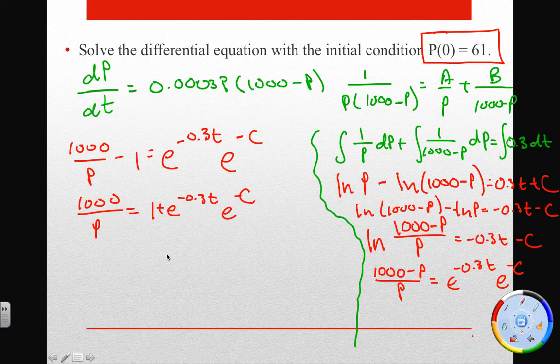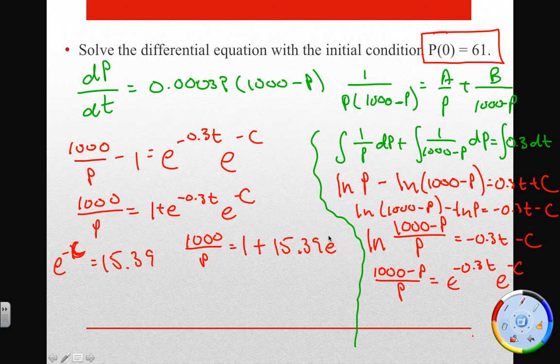And if you did all of this, which I know you can all do, it tells you that e to the negative c is equal to about 15.39. Which means I now get 1,000 over p is equal to 1 plus, remember e to the negative c is just this thing out here, 15.39 e to the negative 0.3t.